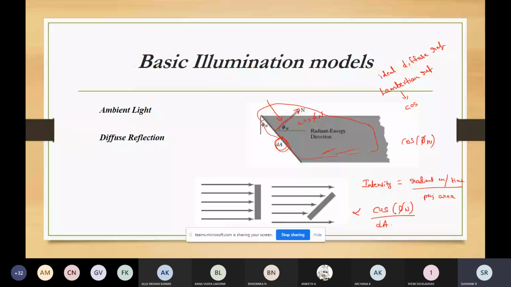If you assume that every surface is to be treated as an ideal diffuse reflector, then we can set a parameter for each of the surfaces that determines the fraction of the incident light that is scattered. This parameter is called the diffuse reflection coefficient, or diffuse reflectivity, KD.